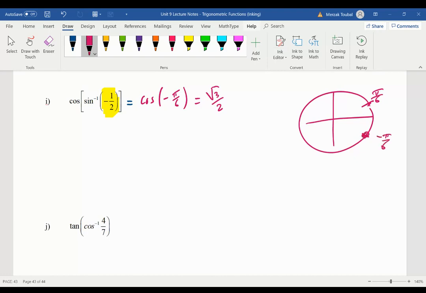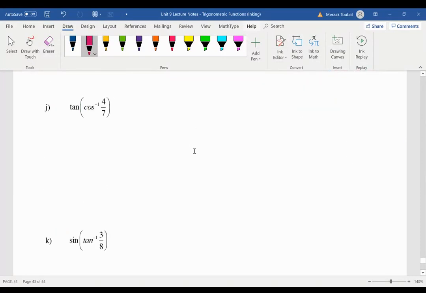At this point, the coordinates are root 3 over 2, comma, negative 1/2. Since we're doing the cosine of negative pi over 6, the cosine is the x, so it's root 3 over 2.